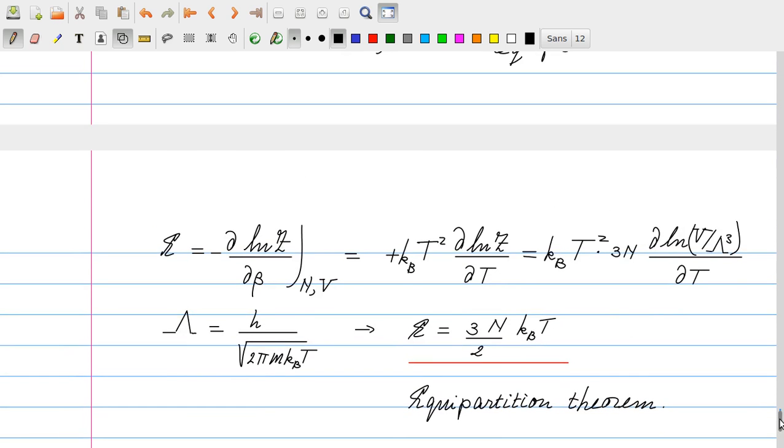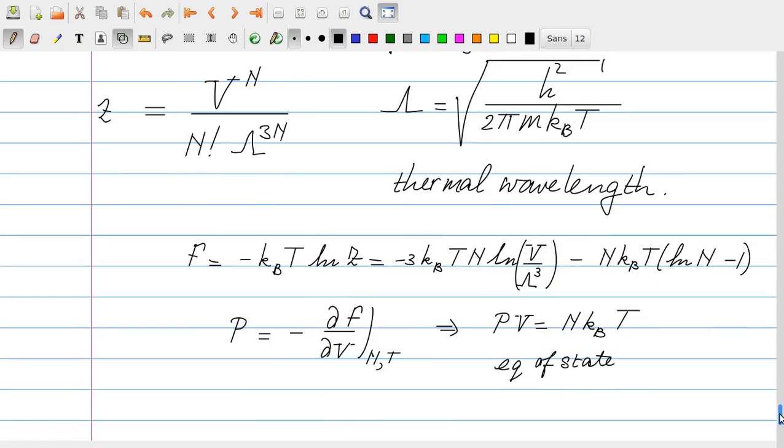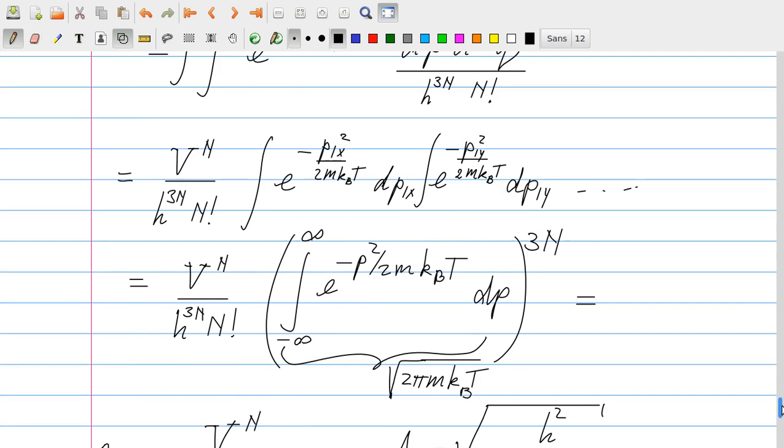And so that's the background of the equipartition theorem, that the terms in the exponent are additive in the energy.